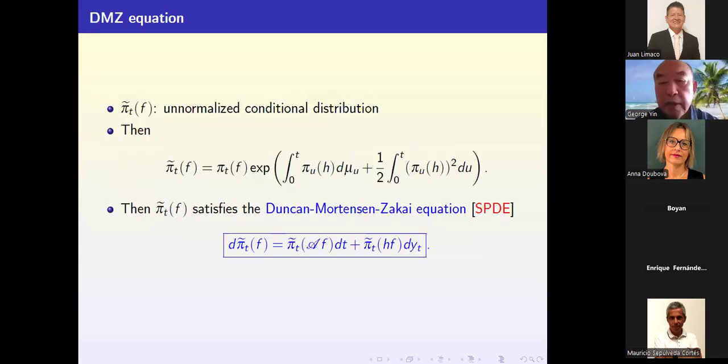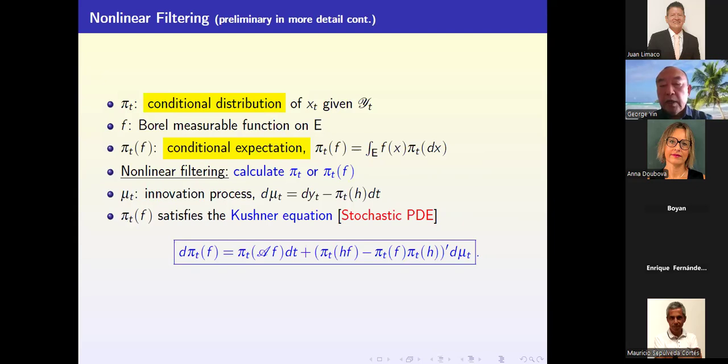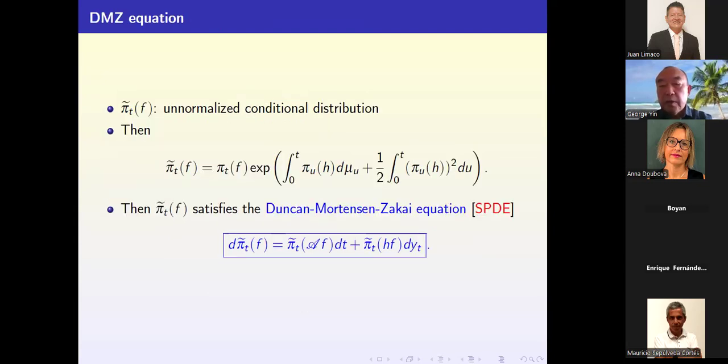Now, a few years later, people also looked at the problem. Some people thought, by the way, that in Kushner's equation, pi t is truly a conditional probability distribution. But they thought maybe if we don't use this probability distribution, but rather use something not normalized, it would be easier. So another class of stochastic PDE was obtained.